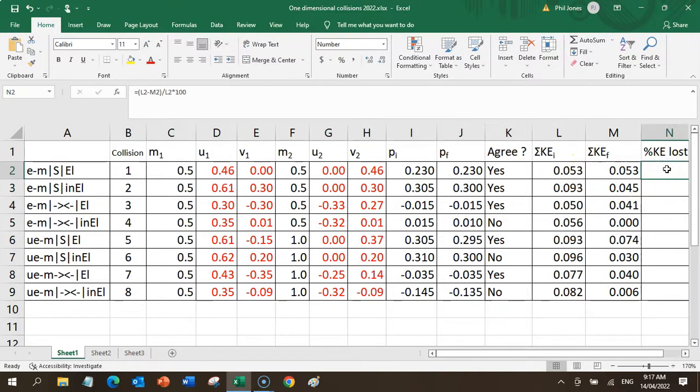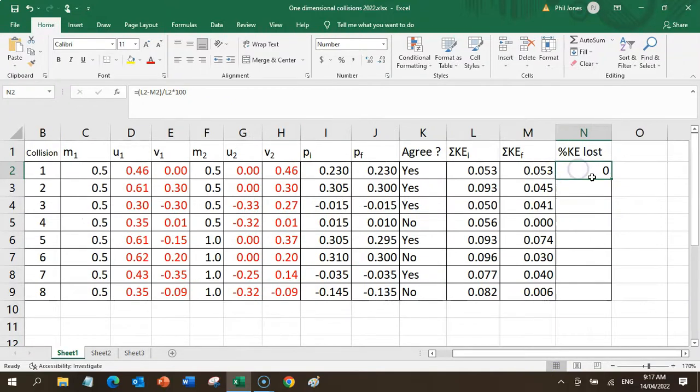So what we've got to do is put in here a formula. This is the difference between the final kinetic energy and the initial kinetic energy divided by the initial kinetic energy and then multiplied by 100. So that formula is in there, and in this particular case, the answer is no. We'll fill this down to see what happens with the rest.